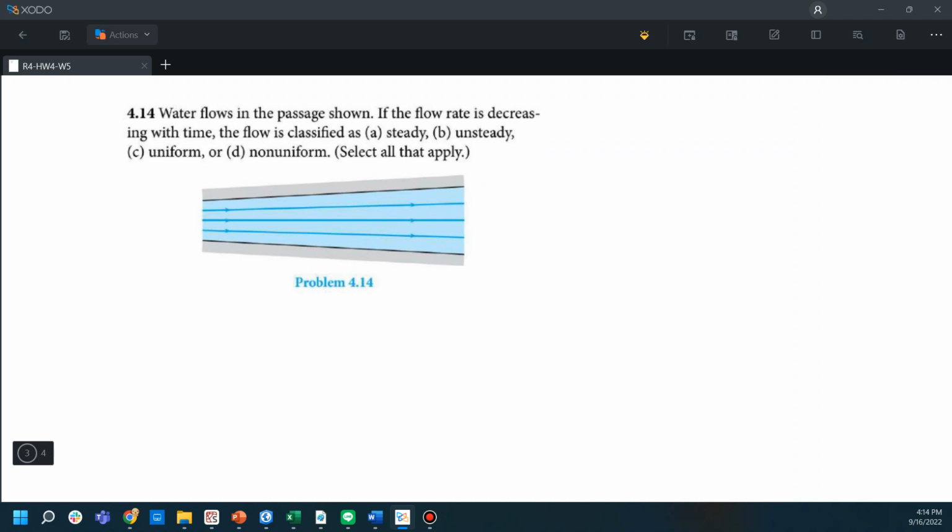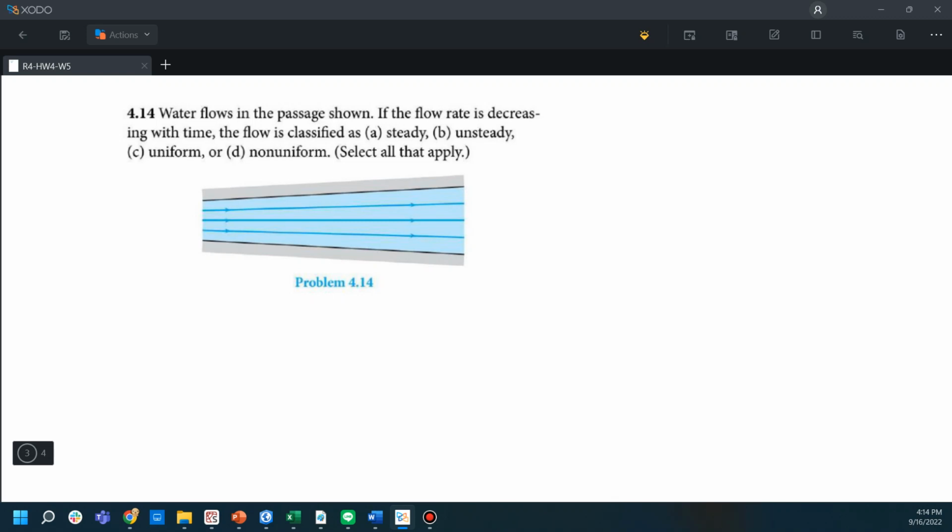So the problem 4.14, water flows in passage shown. If the flow rate is decreasing with time, the flow is classified as A stable, B unstable, A steady, B unsteady, C uniform, or non-uniform, and we need to select that flight.